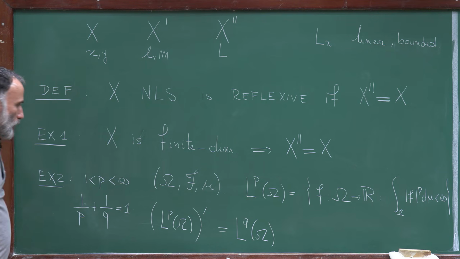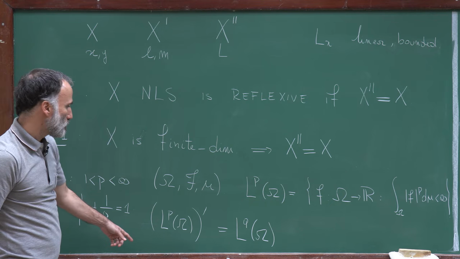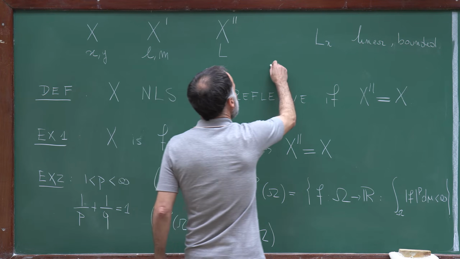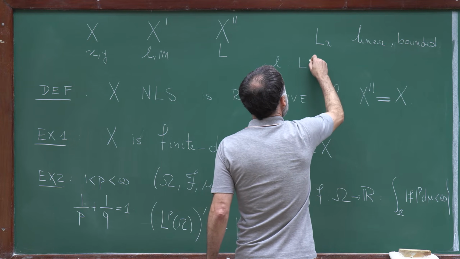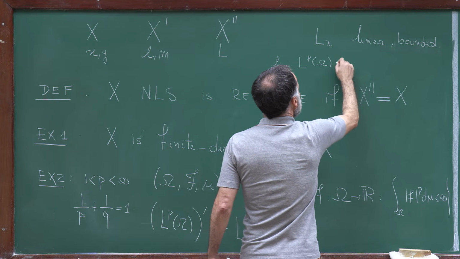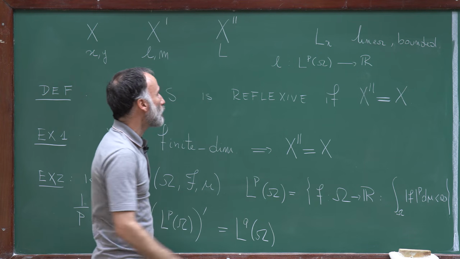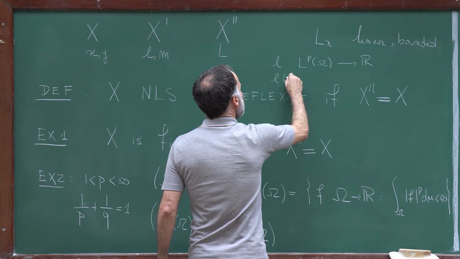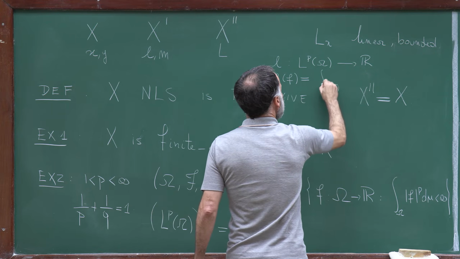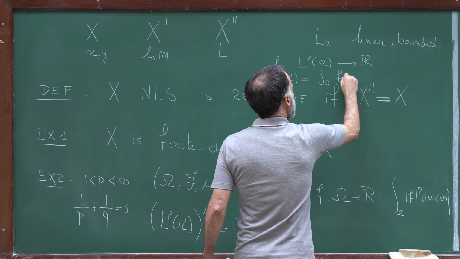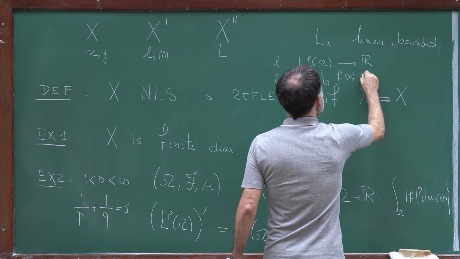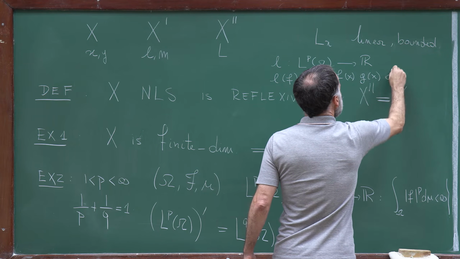So any linear functional L from L^p of omega to R can be represented in terms of a function of L^q. So L of f will be given by the integral over omega of f(x) g(x) d mu(x).